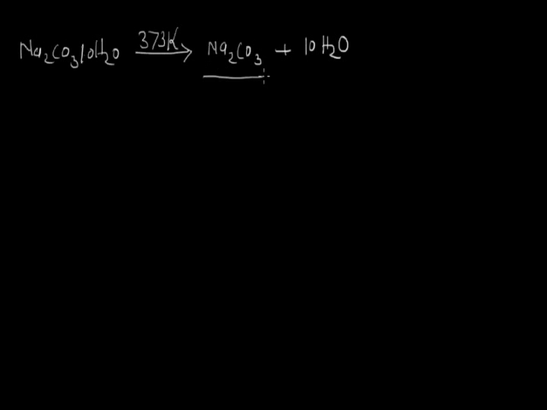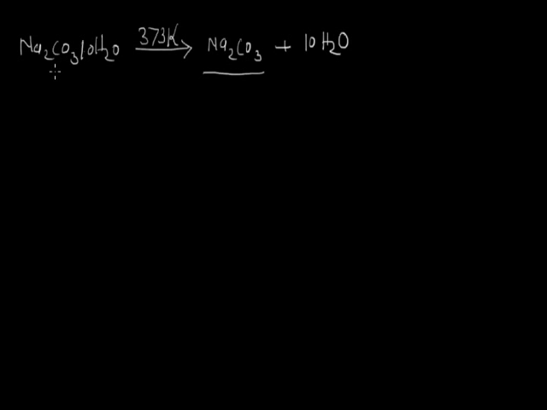Upon heating above 373 K, sodium carbonate loses all water of crystallization and is converted into Na2CO3, which is termed as soda ash.